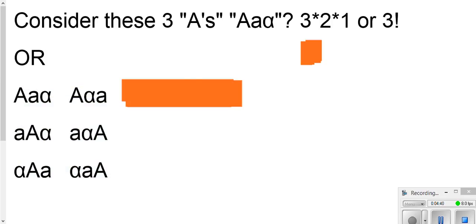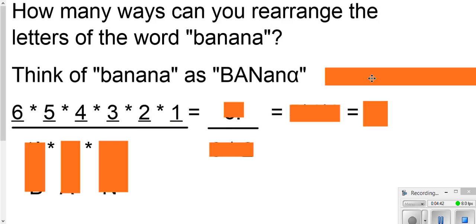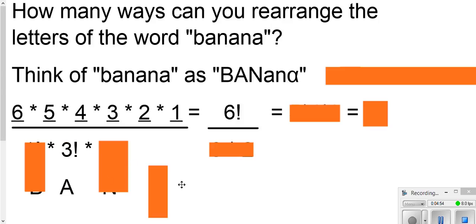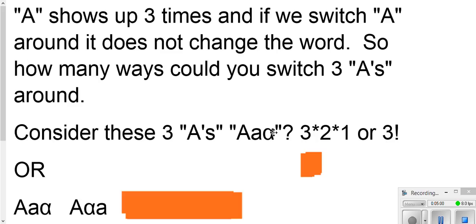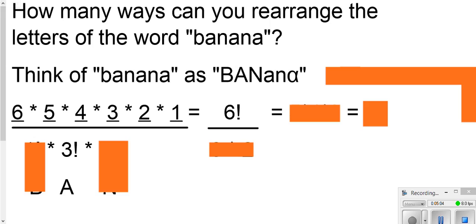So when we go back here, we're going to still have all this on top that we talked about. Now, since we have an A being repeated 3 times, we need to divide by 3 factorial for A, because we had said on this last slide that these three a's could be rearranged in 6 different ways, or 3 factorial.